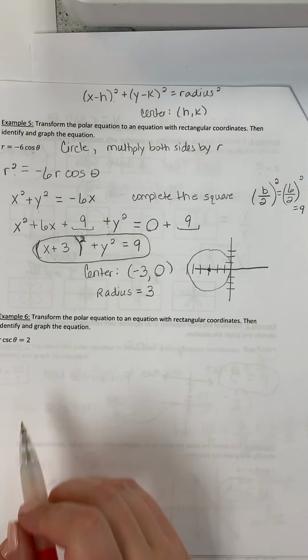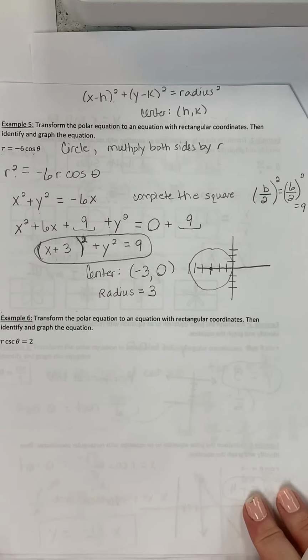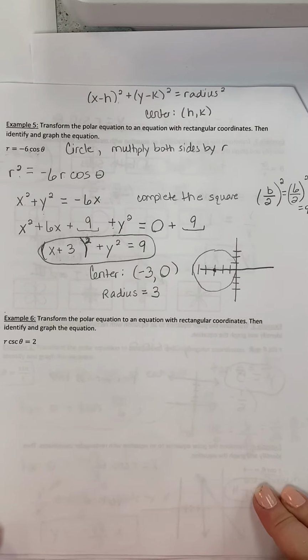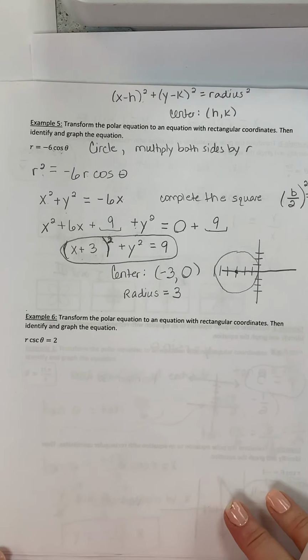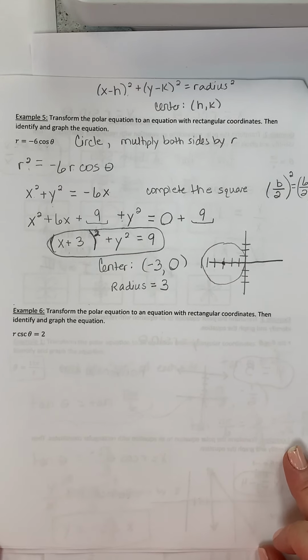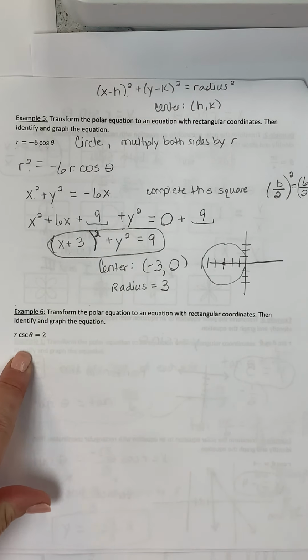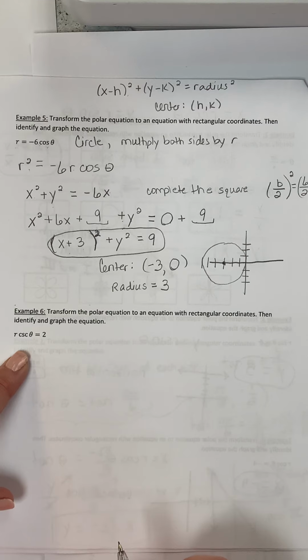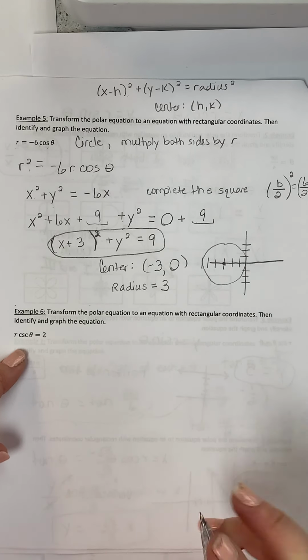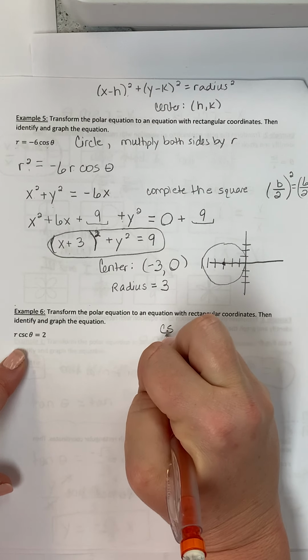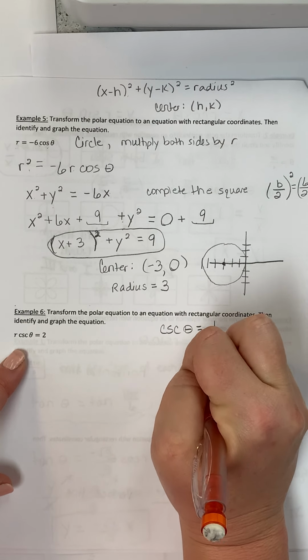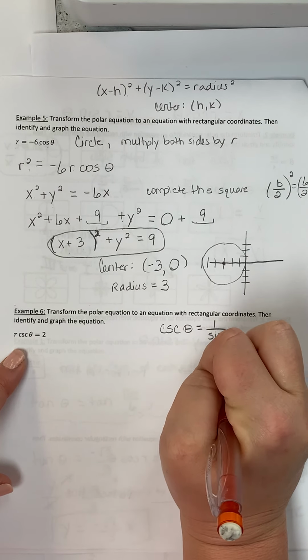All right, let's try it with this one. Okay, we want to do the same thing. Now this one seems a little bit harder because I don't see sine or cosine here. I don't see either one. And I definitely don't have an r situation where it's r equals either. Okay, well, we know that cosecant of theta is really 1 over sine theta.